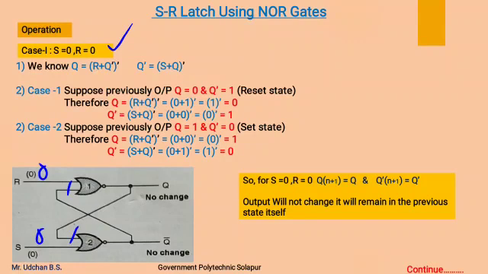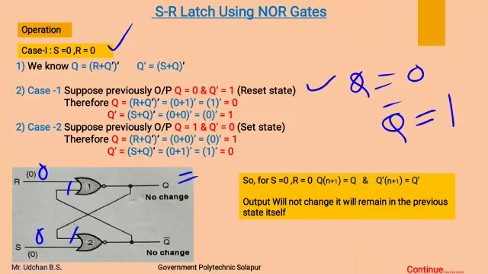Therefore, here we have considered the previous output of this circuit. Initially we have considered the output is in reset state, that is Q is 0 and Q complement is 1.